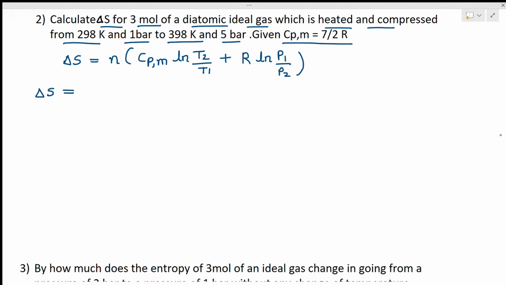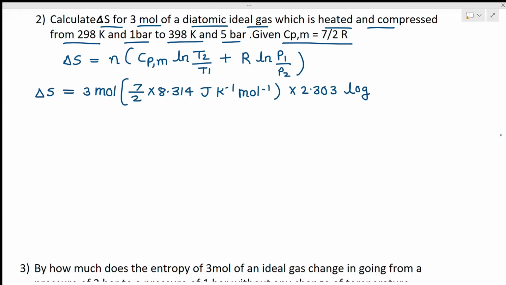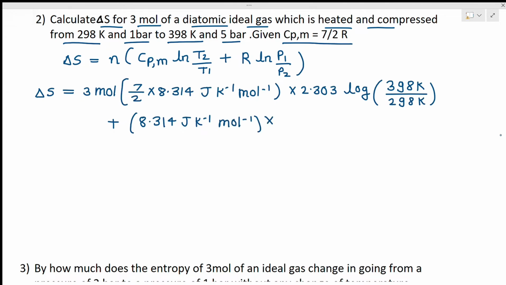So del S will be equal to n's value 3 mole, and CPm is 7 by 2 R, which means 7 by 2 into 8.314 joule per Kelvin per mole into 2.303 logarithm of T2 by T1, which means 398 Kelvin divided by 298 Kelvin, plus R, 8.314 joule per Kelvin per mole, into 2.303 natural log of P1 upon P2, where P1 is 1 bar divided by P2 is 5 bar.